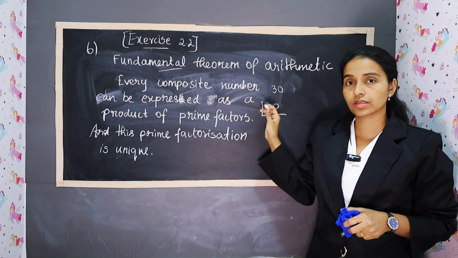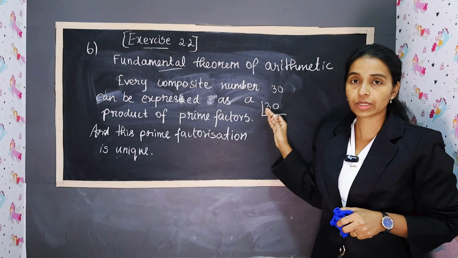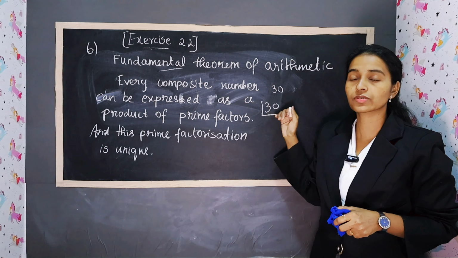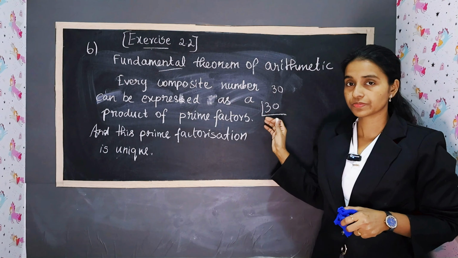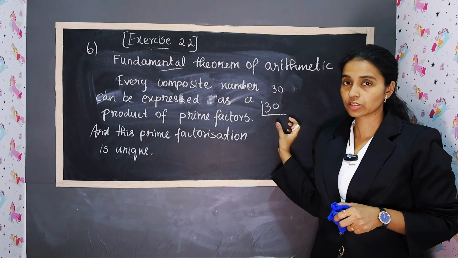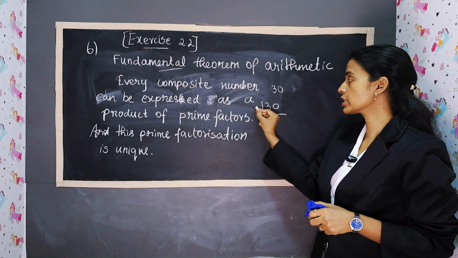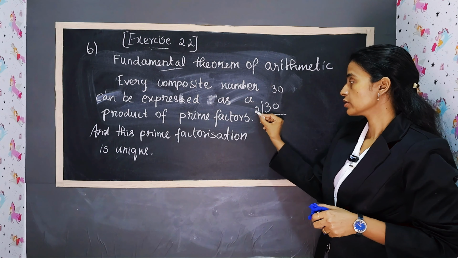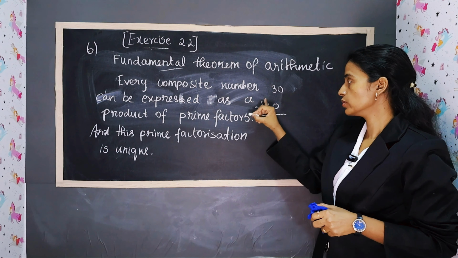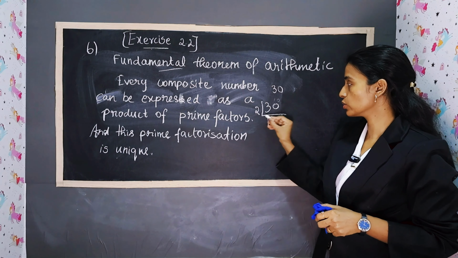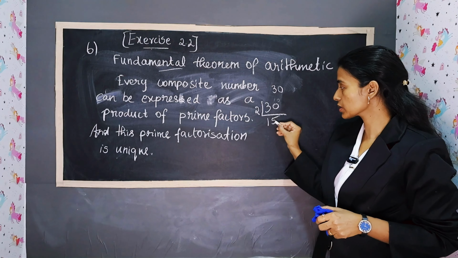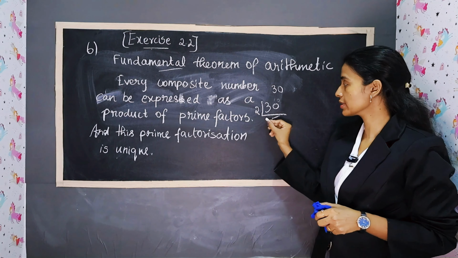Inside the L shape, we write the number whose prime factors we want. Here I am taking 2. 2 ones are 2, remaining 1, 1 and 0. 5, 2 fives are 10, right?